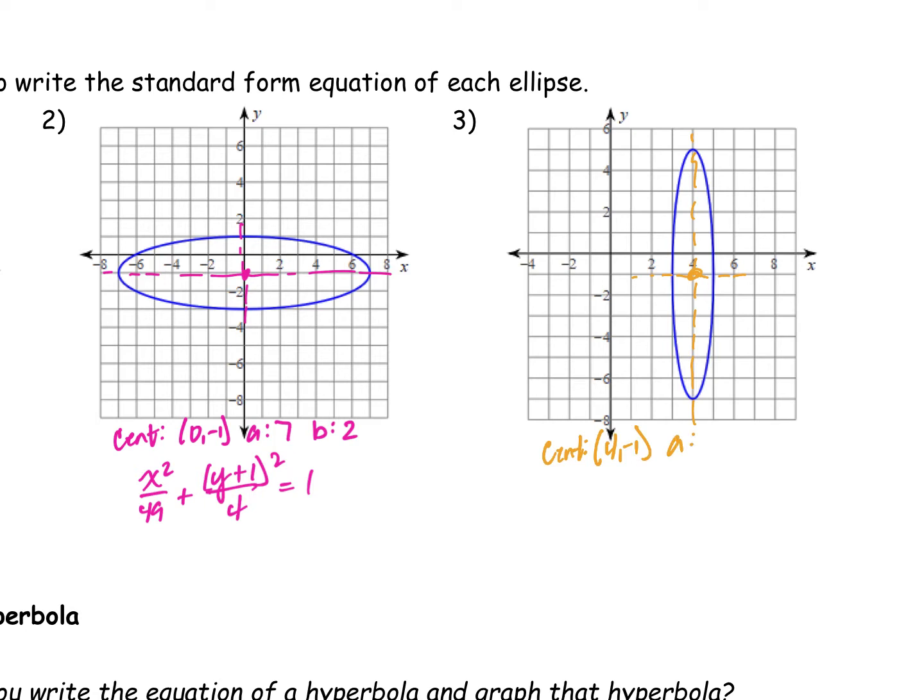A is going to be 1, and B is going to be 6. So let's see, (x minus 4) squared plus (y plus 1) squared over 36 equals 1.